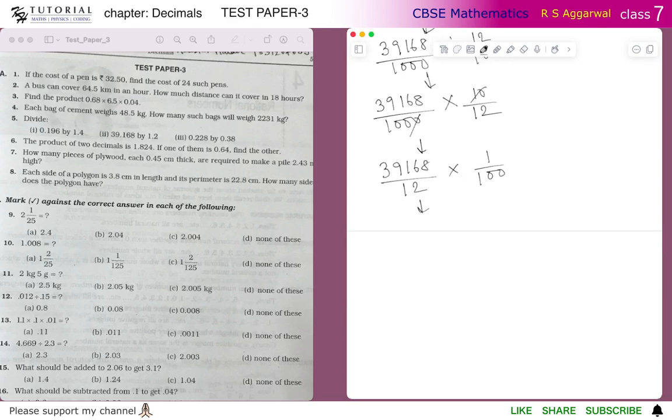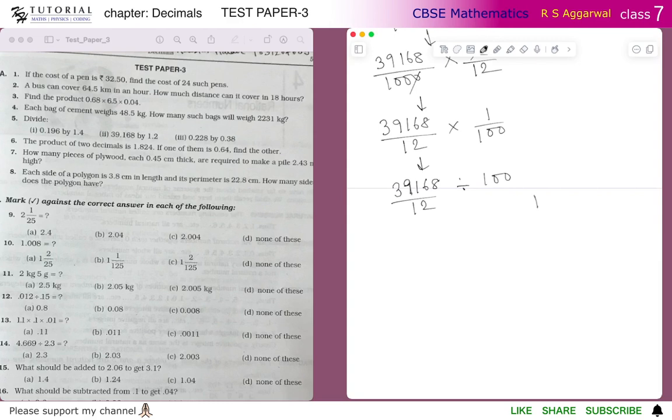This is 39168 divided by 12 divided by 100. Multiplied by 1 by 100 means divided by 100. So now we have to convert the fraction 39168 by 12 to a decimal number, and then we will shift the decimal point to the left by 2 places as we have to divide by 100.